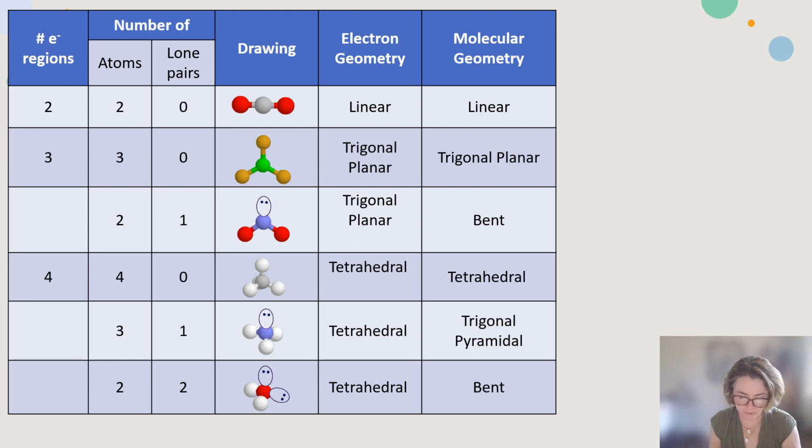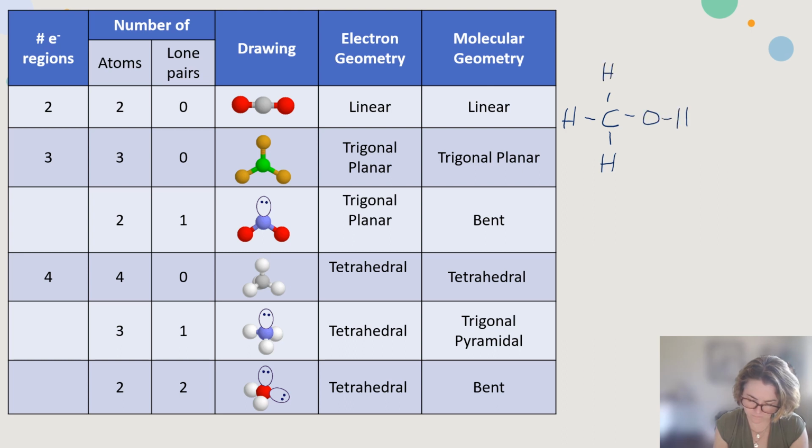All right, so let me draw the Lewis structure for our example. So I have carbon that is bonded to 3 hydrogens. Okay, and that carbon is also bonded to an oxygen that is connected to a hydrogen.